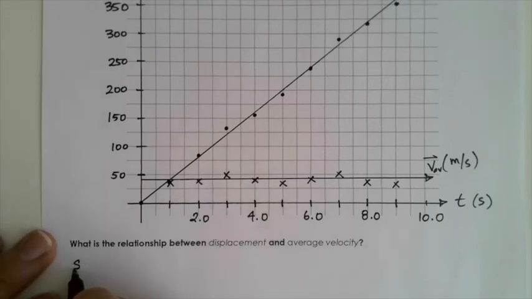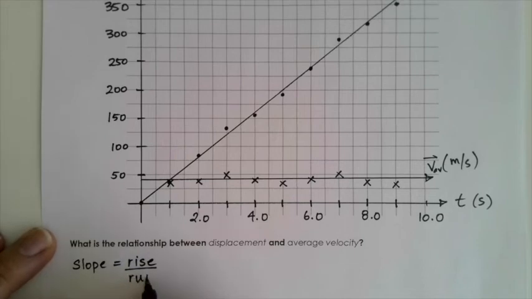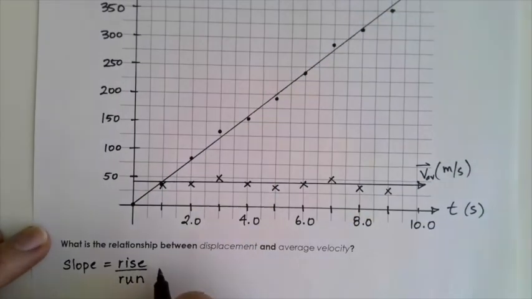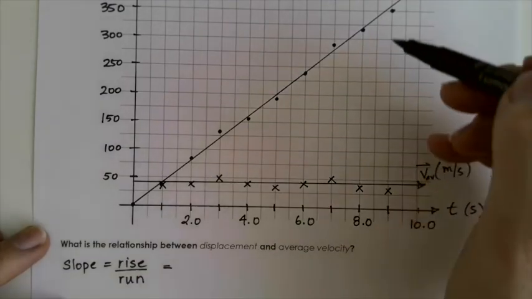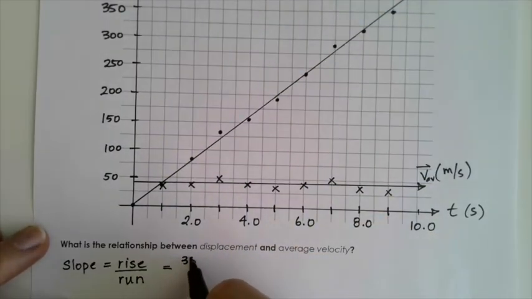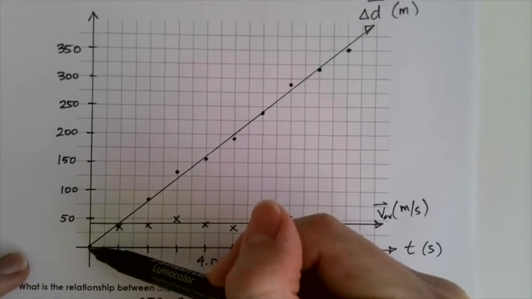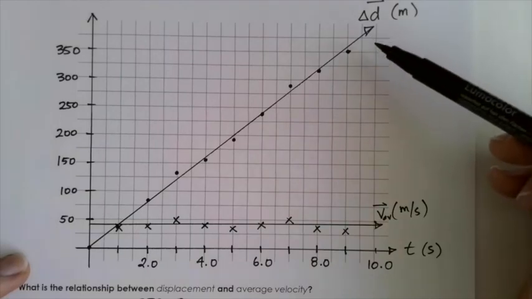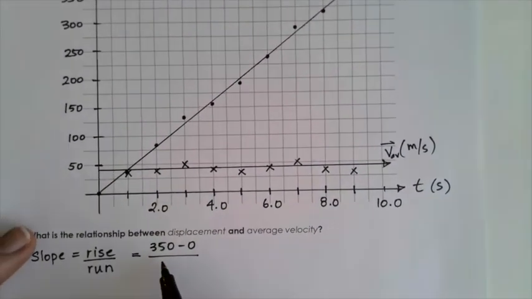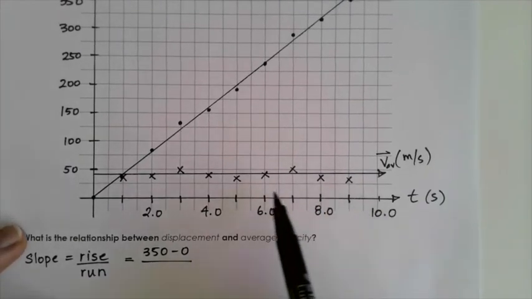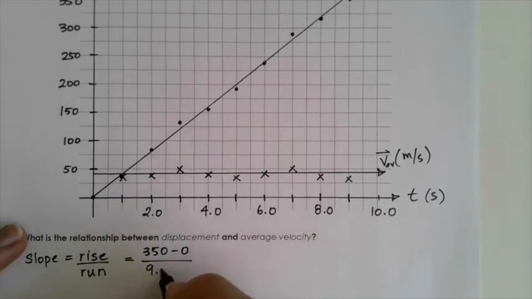So just a reminder that the slope is defined as the rise over the run of a line, and here the rise that we experience in our data for the displacement is about 350 minus 0. So again, we're going from our minimum y value to our maximum y value. So final minus initial, 350 minus 0, and the run that this change takes place over is 9 seconds minus 0 seconds.